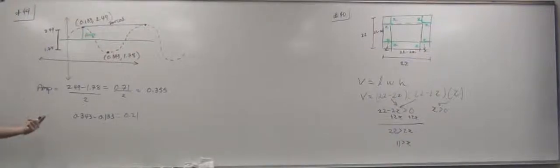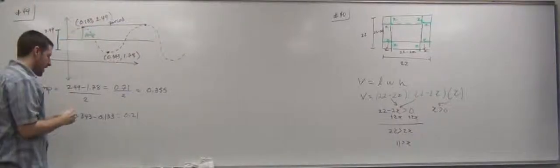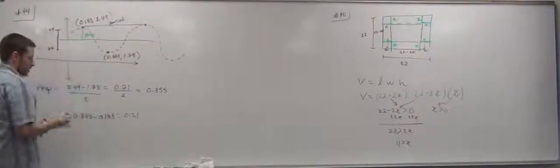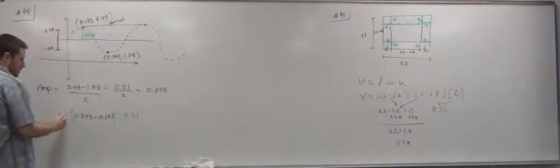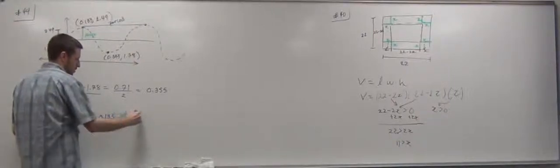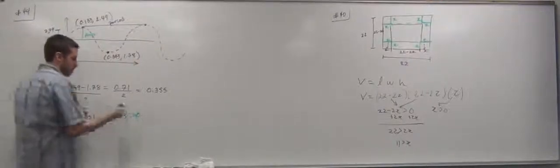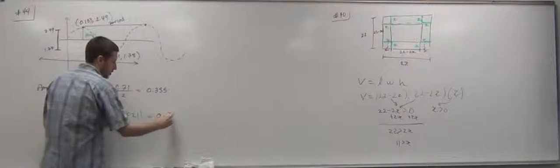That's half the period, because that's only this distance. So then you're actually going to have to multiply that by 2. So this gets multiplied by 2. But 0.21 times 2 is 0.42.